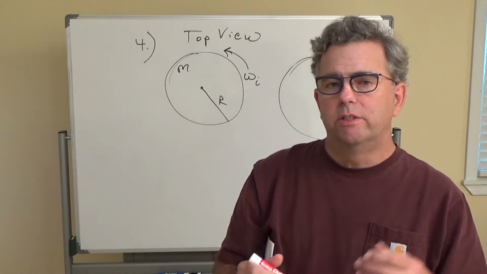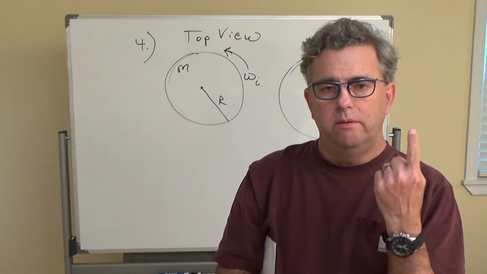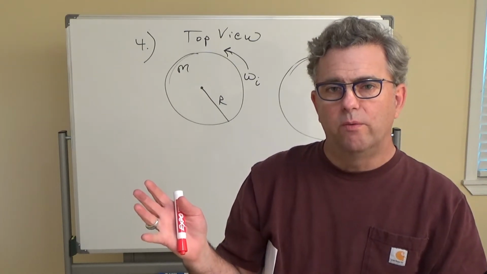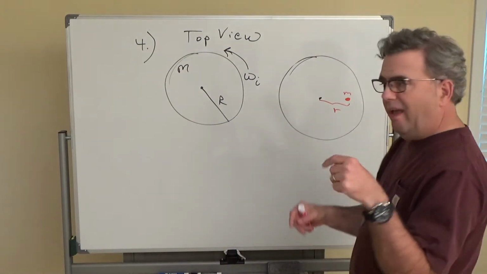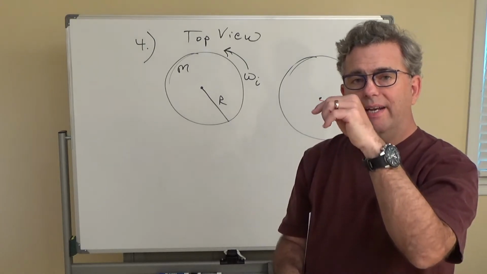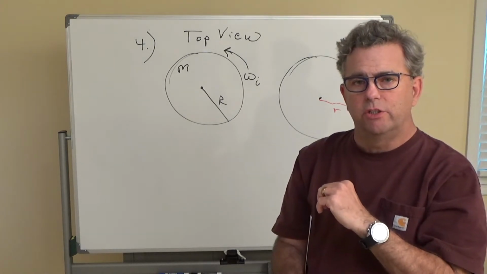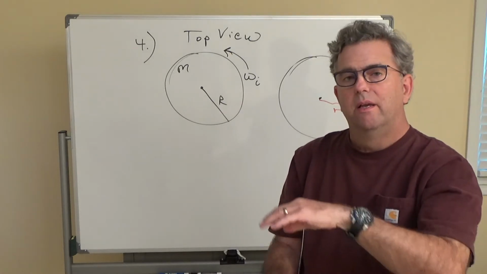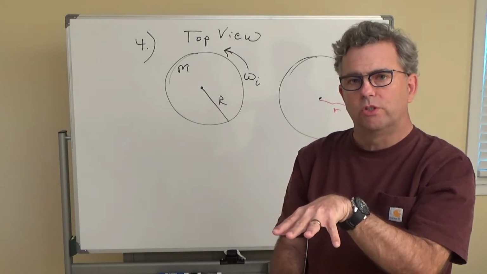This turntable is turning on a frictionless bearing. Nothing else is going on with that. And as that clay sticks, it's going to slow it down. You've got a perfectly inelastic collision. The piece of clay came on there and stuck, and now it's going to turn more slowly.